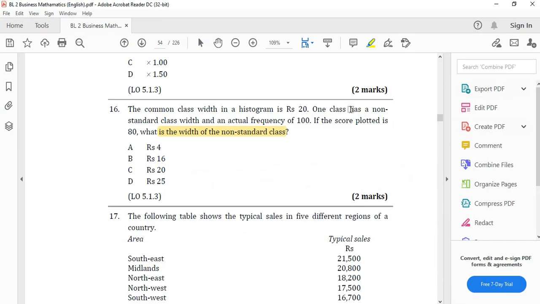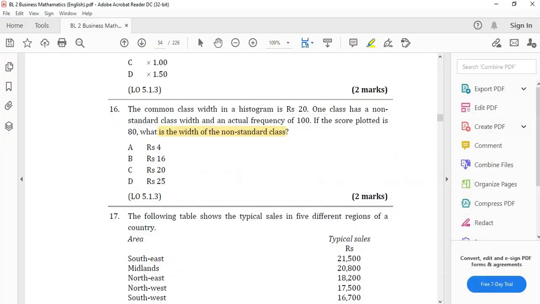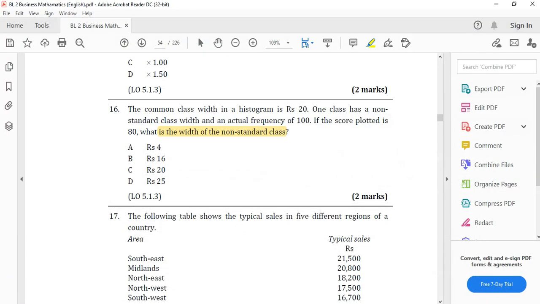But there is one class. We don't know the actual class width of that class. That is what we are going to find. We don't know, that's equal to x. But it has a frequency of 100. And the score, if plotted, is 80.